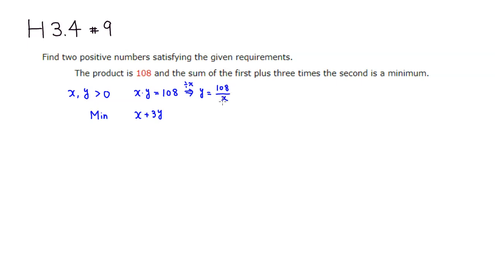Then we can plug this right here in this expression, since there's a y there.